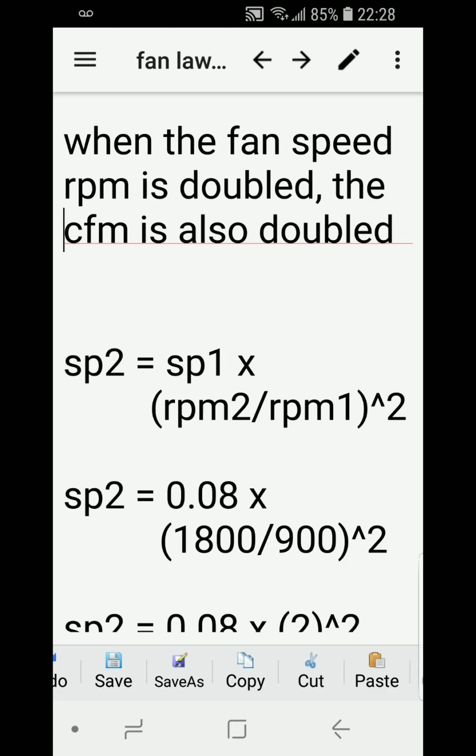So in this case, we have static pressure 2 is equal to 0.08 times 1800 divided by 900, squared.